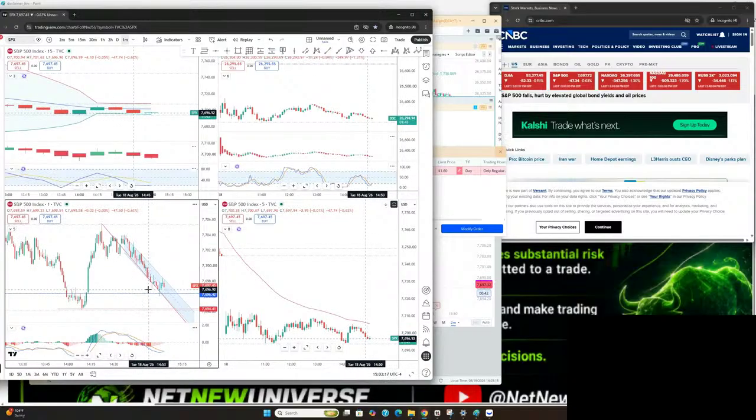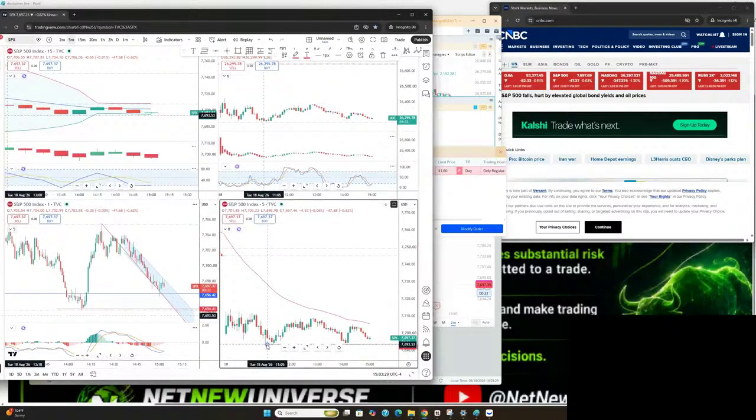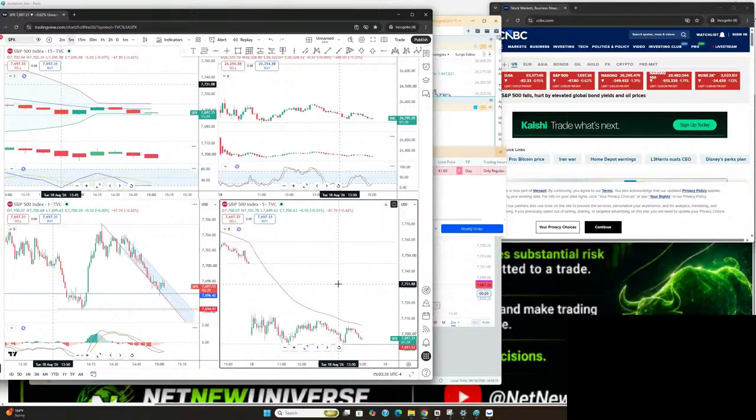That's a good sign. But I need to see the next 5 as a red. That should push to the LOD and below. If that is the case, that might give us a real quick move.